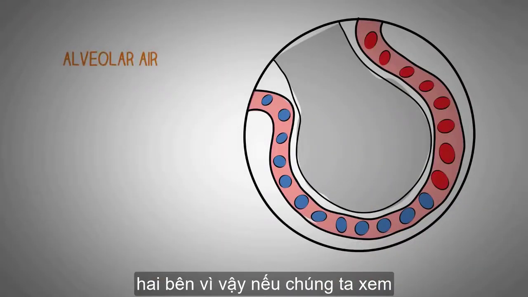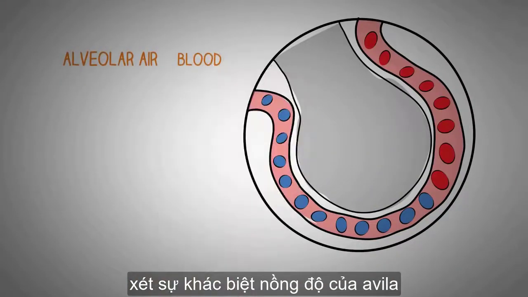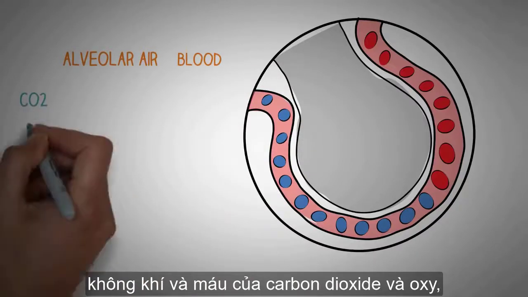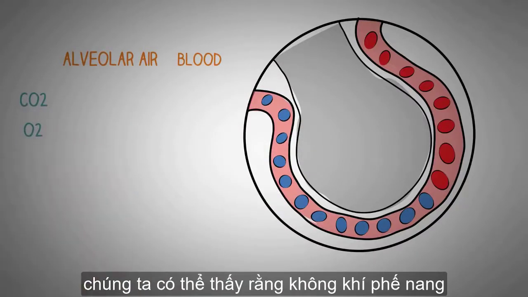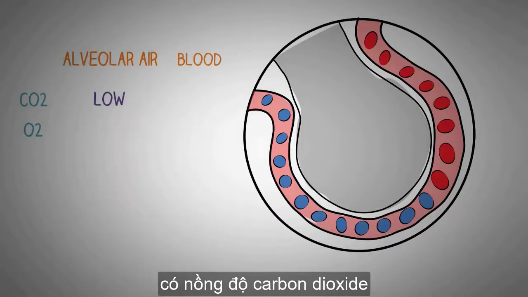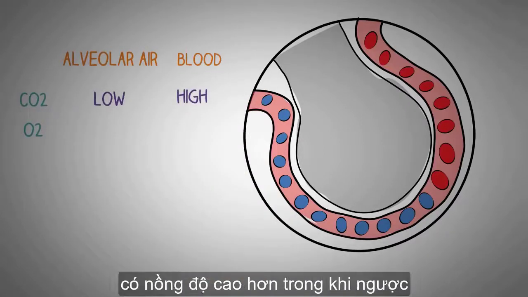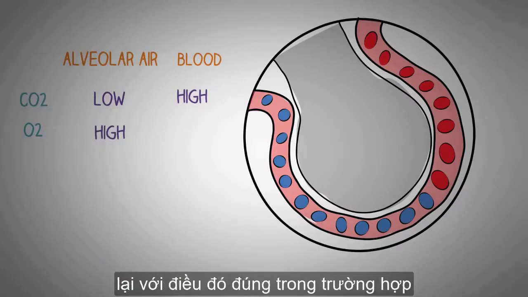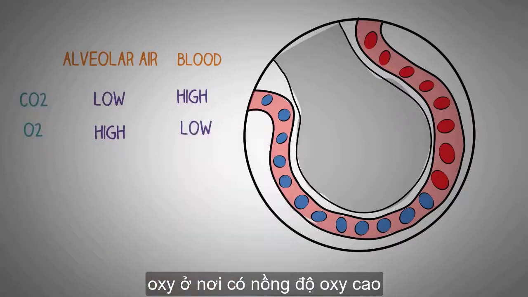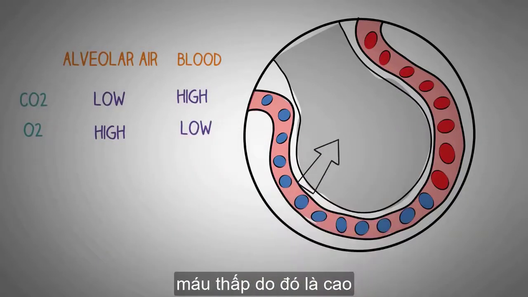So if we take a look at the concentration difference of carbon dioxide and oxygen between the alveolar air and the blood, we can see that the alveolar air has a low concentration of carbon dioxide as compared to the blood, which has a higher concentration, whereas the opposite is true in case of oxygen, where a high concentration of oxygen is present in alveolar air as compared to a low concentration of oxygen in the blood.